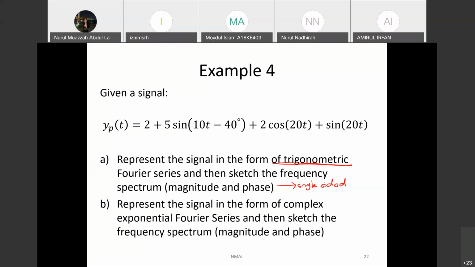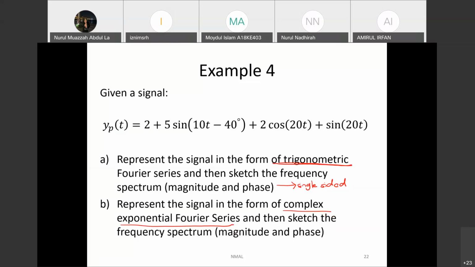Based on the equation, you can take the amplitude and also phase to plot in terms of single-sided. And number 2, you represent the signal in the form of complex exponential Fourier series. The keyword here is complex, meaning you need to change it in terms of exponential function, and sketch the frequency spectrum, meaning magnitude and phase.